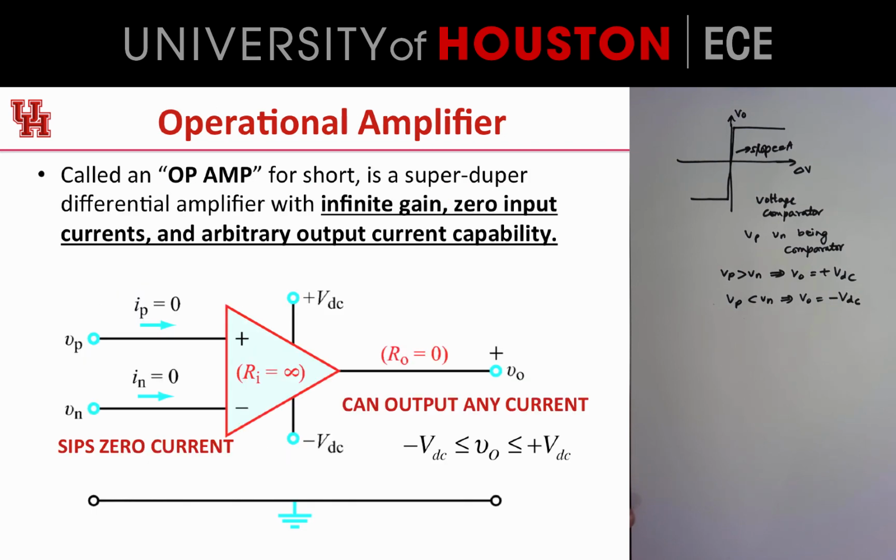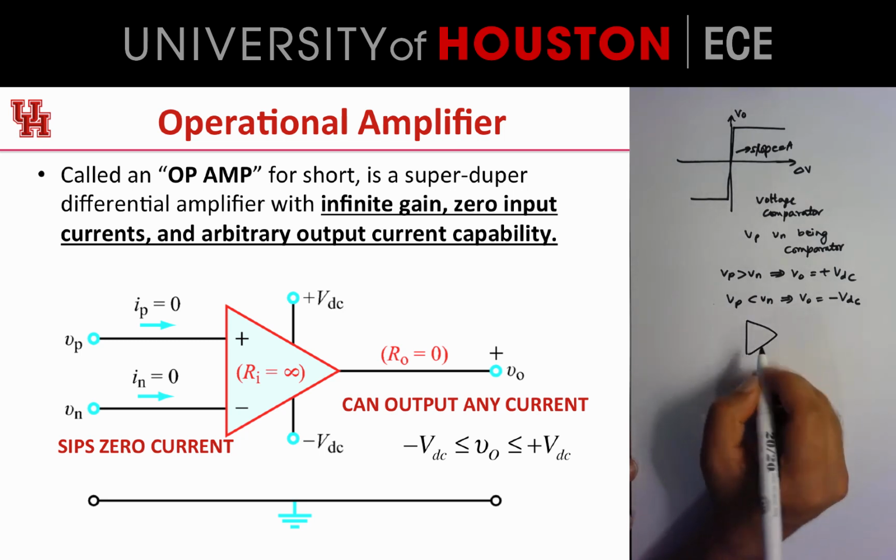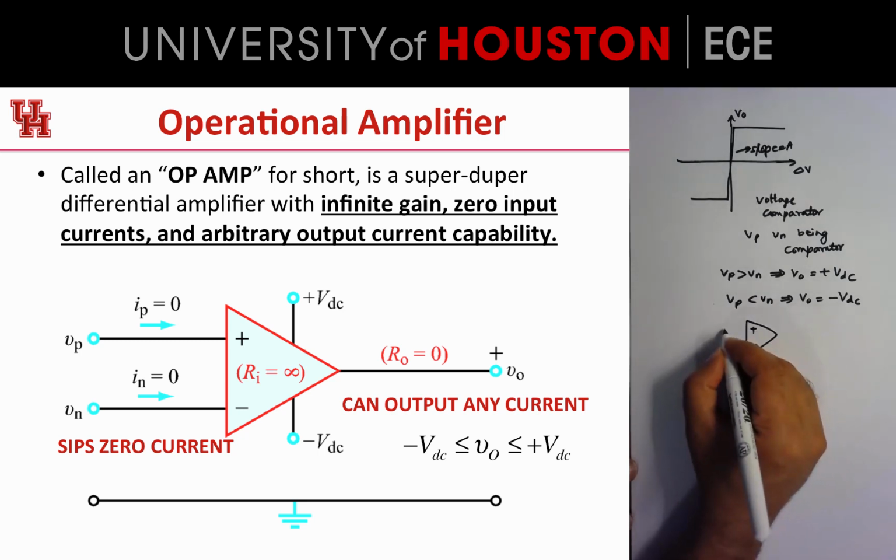Now, an op-amp is a differential amplifier, which is really, really good. Basically, an op-amp has infinite input resistance, so it doesn't consume any current at all. The currents going into an op-amp are essentially negligible, zero.